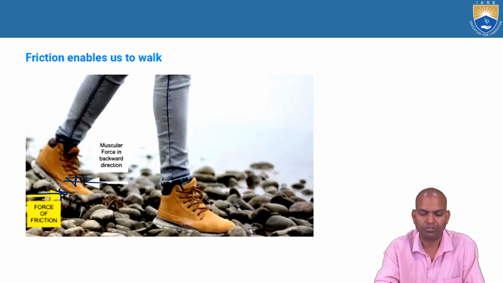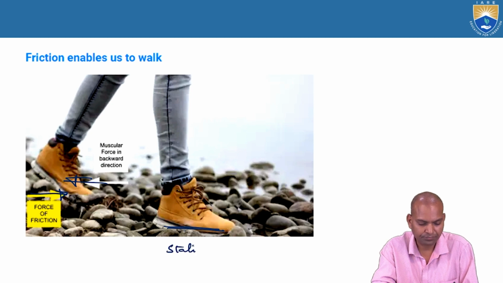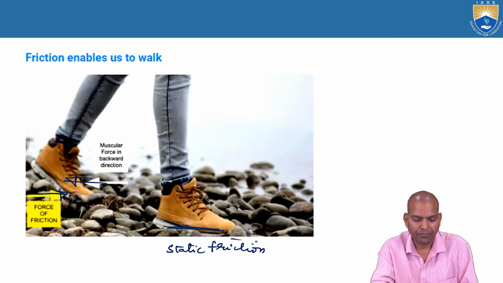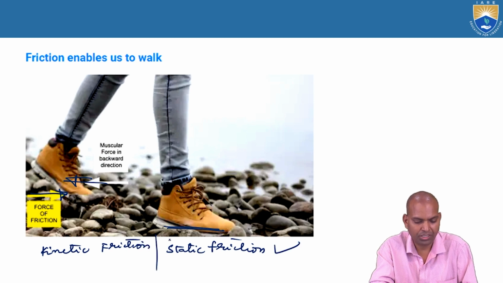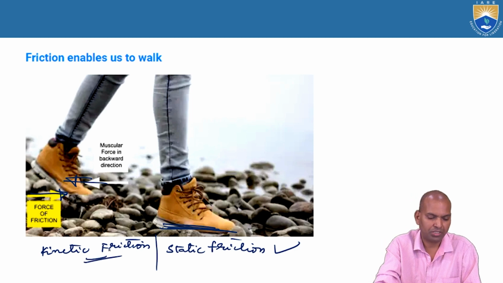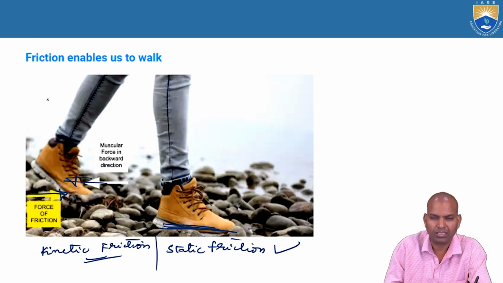When the foot is at rest, in the ideal condition, it is a static friction. When under motion, the friction developed is kinetic friction. So the foot at rest has static friction, and when it is in motion, the friction is known as kinetic friction. So finally, friction enables us to walk.